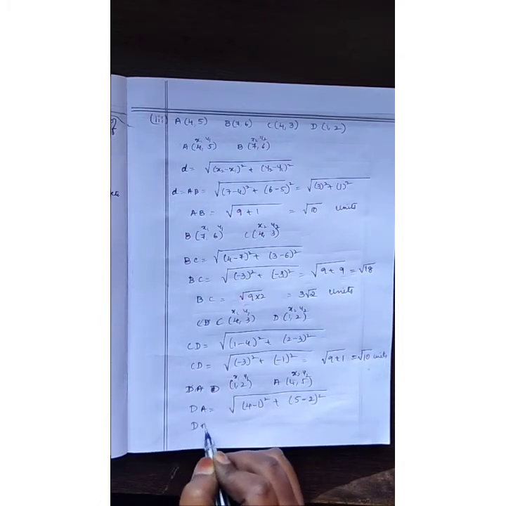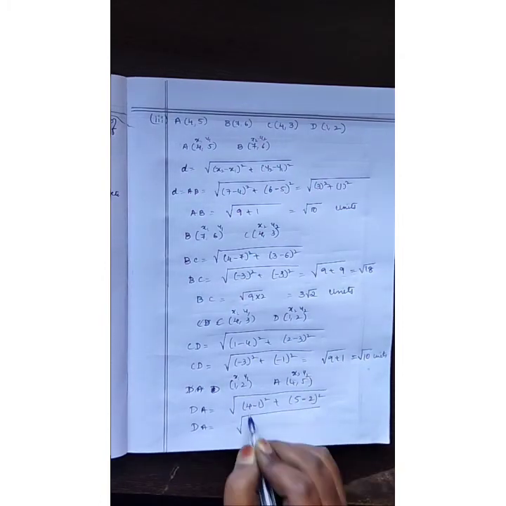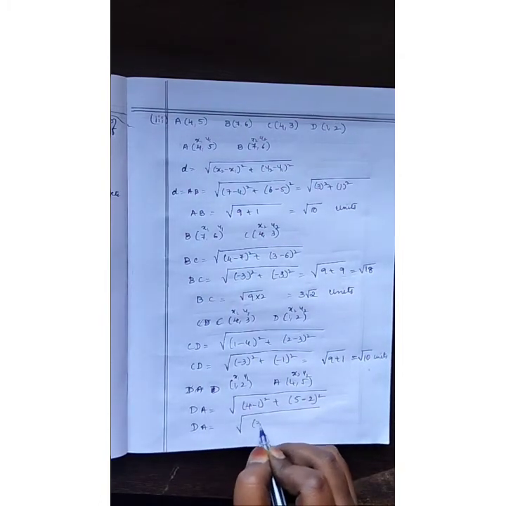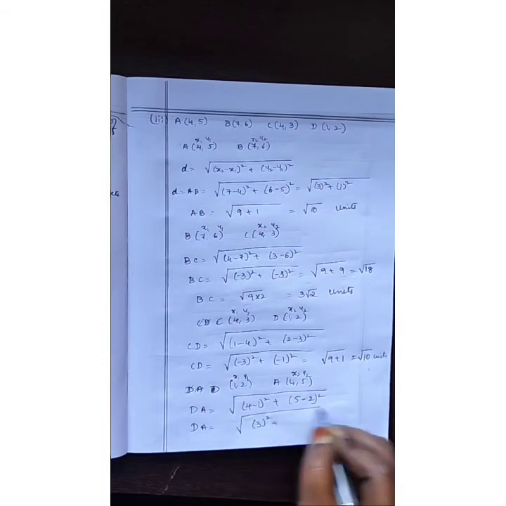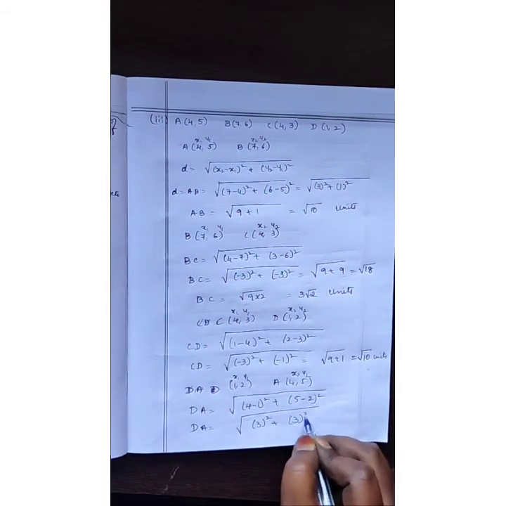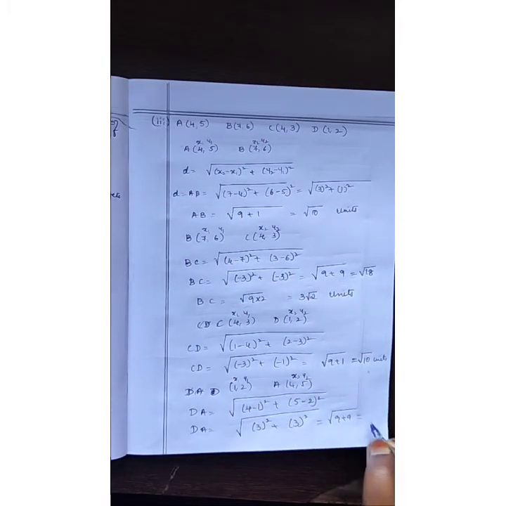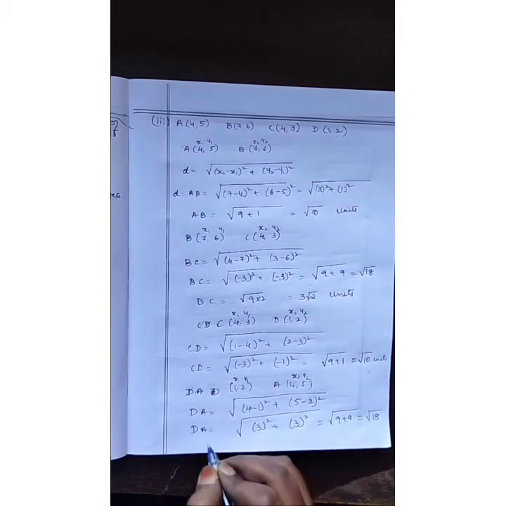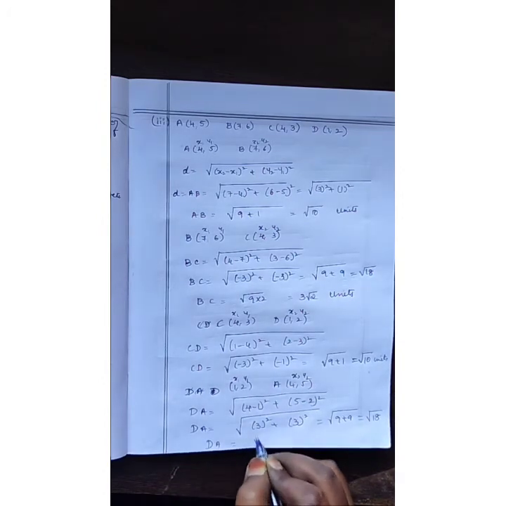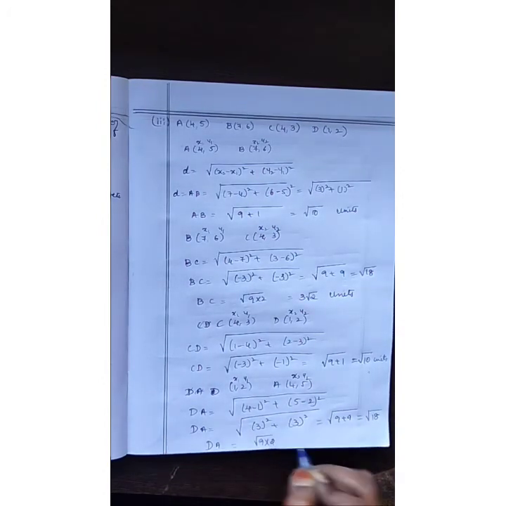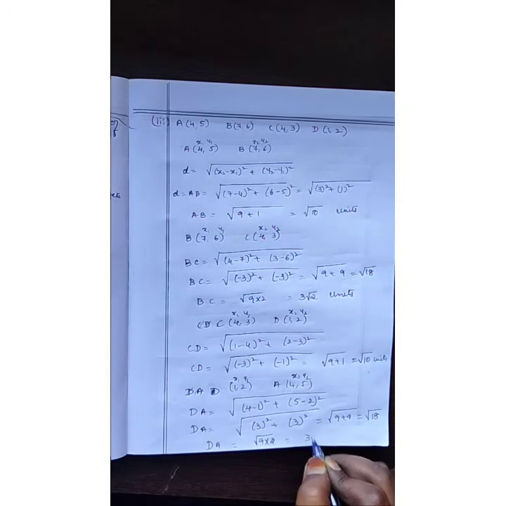Okay. DA equals root of 4 minus 1, how much will you get? 3 whole square. 5 minus 2 you will get 3. Root of 3 square value 9 and 3 square value 9. 9 plus 9 we can write as 18. And 18 can be written as 9 times 2. 9 is a perfect square, root of 9 is 3. Then we can write it as 3 root 2 units.